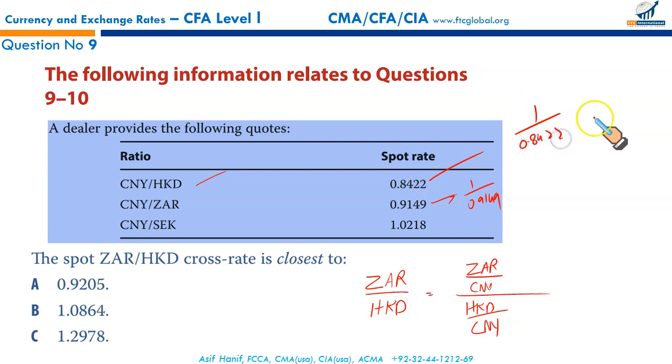There are many ways of doing it. Whichever way you find comfortable with, you can do it. So I'm going to use this as a numerator, 1 over 0.9149 upon 1 over 0.8422. As you can see, these will be cancelled.